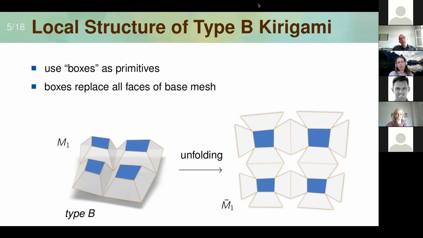And the unfolding works so that all edges emanating from the blue faces on top, we cut along those edges that emanate from the blue faces on top, and we get a two-dimensional unfolding. Now, this is possible only if the dimensions of this union of boxes are right.